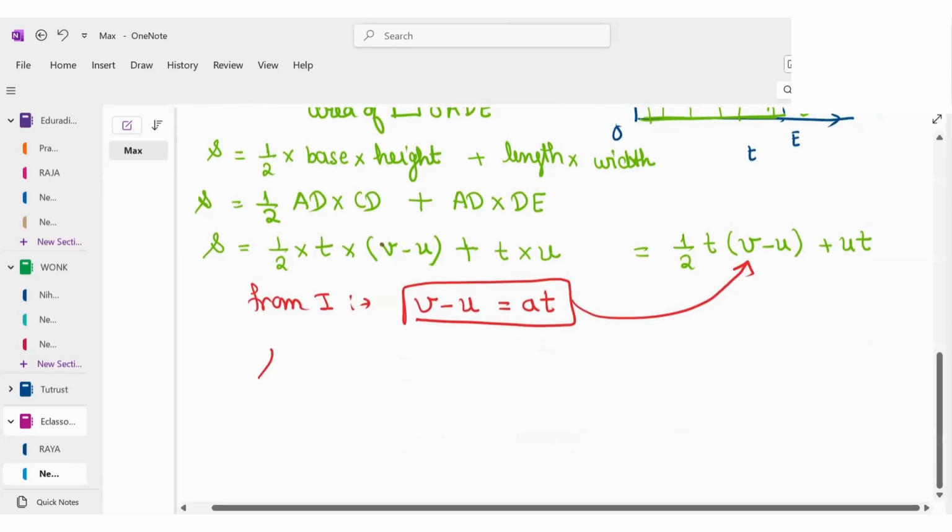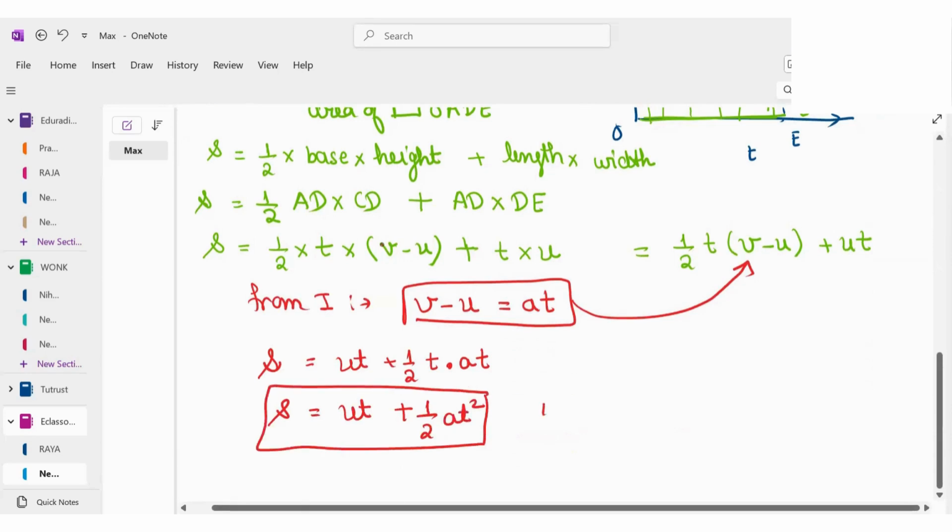What we get is equal to UT plus half of T into AT. So we get S equals UT plus half AT squared. This is the second equation of motion. Clear with it?